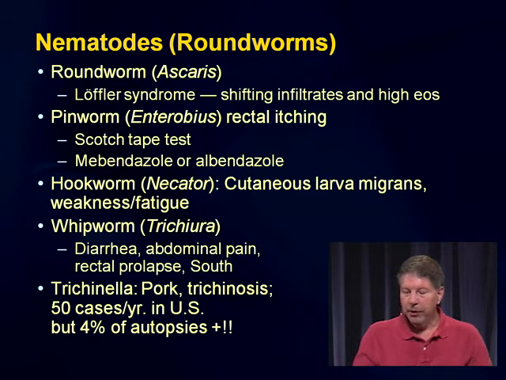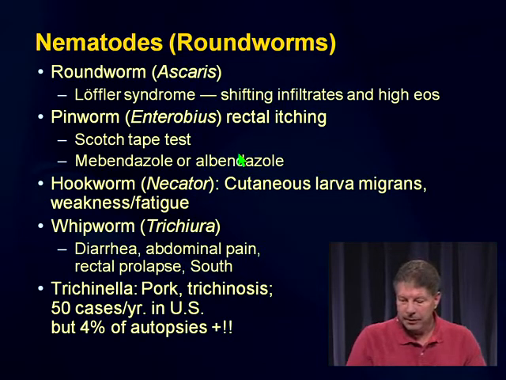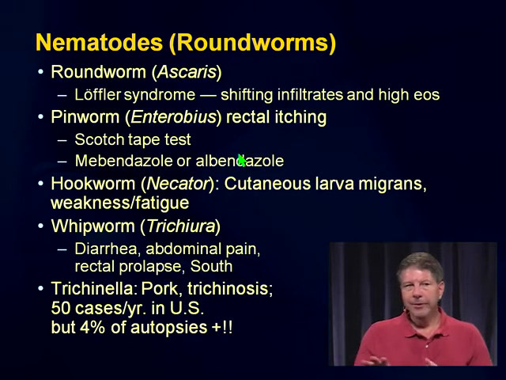Pinworms you're all familiar with, the Scotch tape test, mebendazole or albendazole is the newer drug that's available. Mebendazole is going off the market. Vermox is gone. So here's your new treatment, albendazole. Hookworm is classically someone who lives in the South, and they'll show you a foot where you see the tract where this worm has been crawling around.